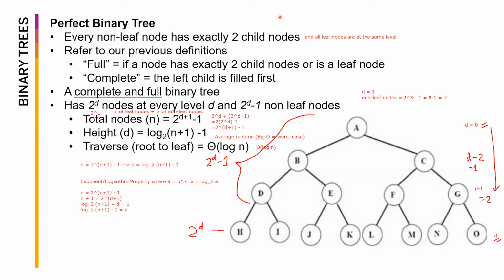That means we traverse from the root down to the farthest leaf. This one is just the more formal definition. FYI, theta means average runtime. Again, big O means worst case runtime. All right, any other questions?